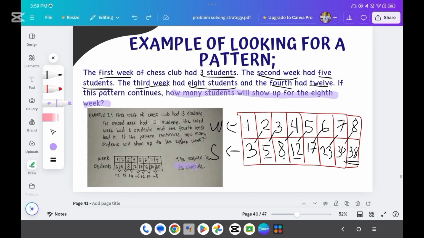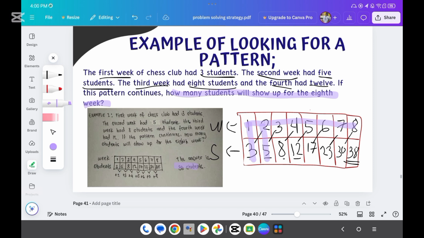So we got 8 weeks. Okay, looks good. So you probably should reread the problem and just make sure you plug in the correct information. For the first week had 3 students. The second week had 5 students. Okay na.